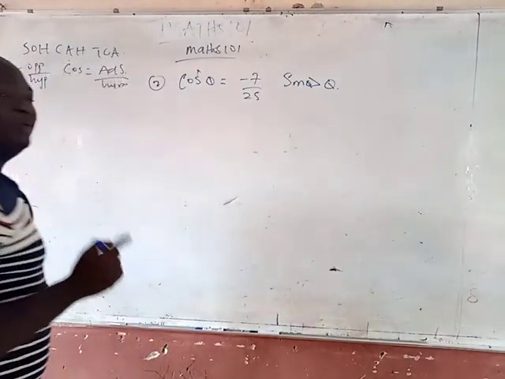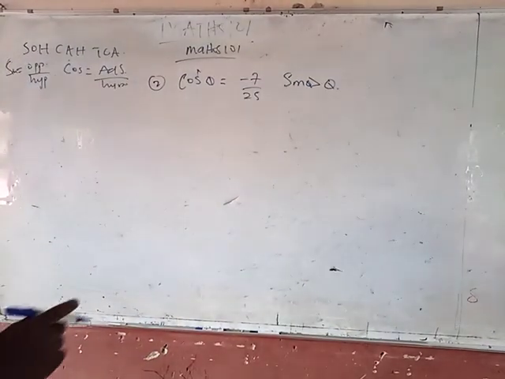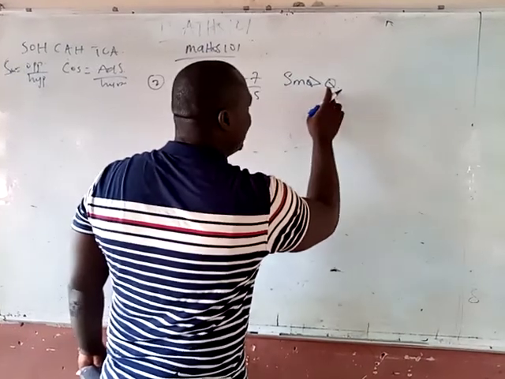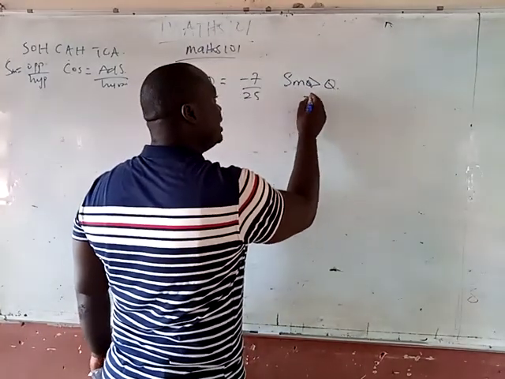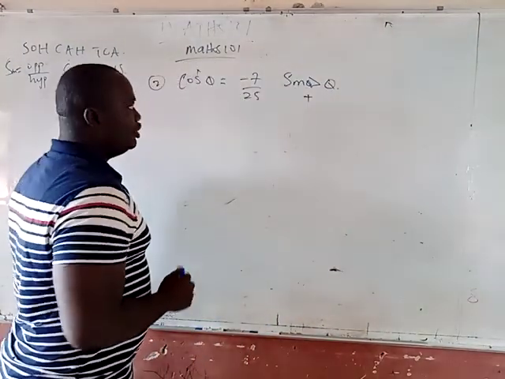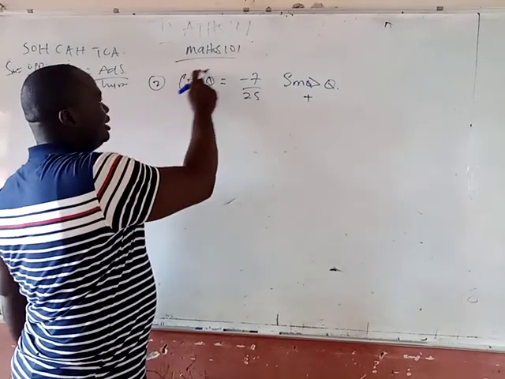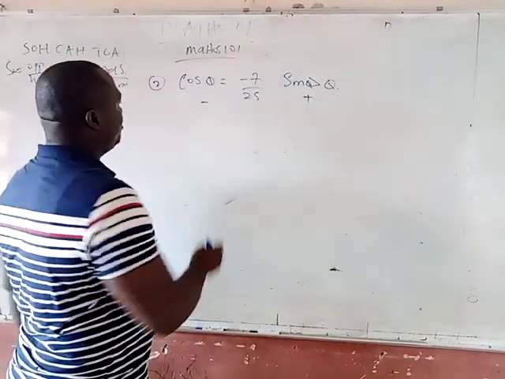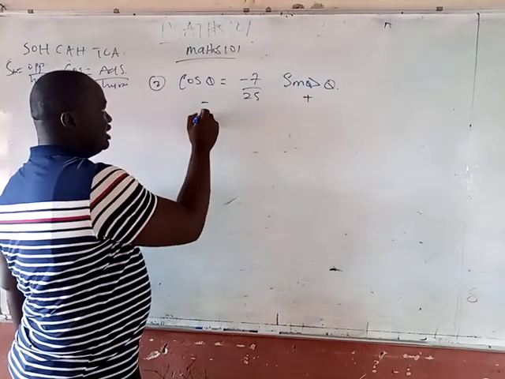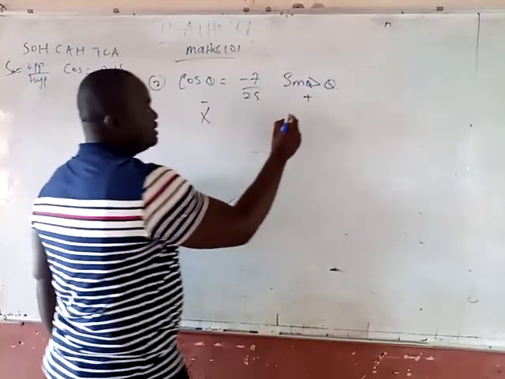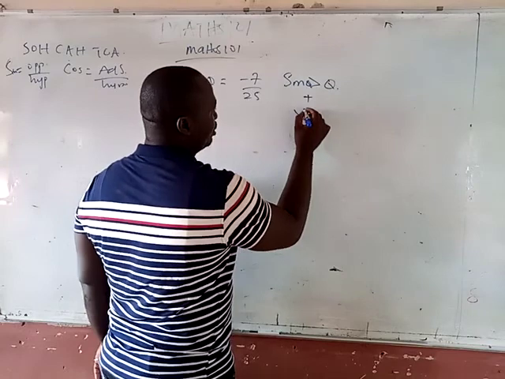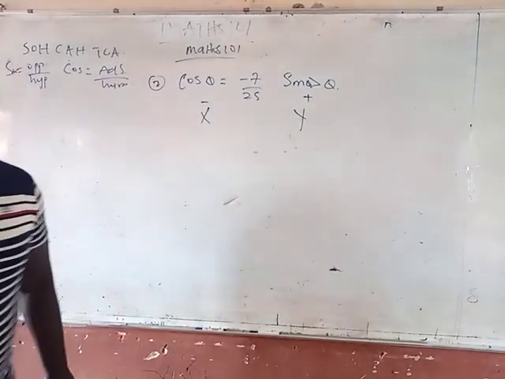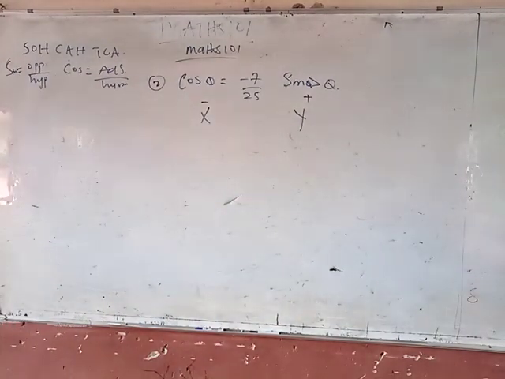So please be wise here. If they are telling you that sine is greater than 0, that means that sine is positive. You can already see that from here that automatically our cos is negative. And remember that cos is represented as x, and sine is represented as y. Please note that. It's very important under this course.